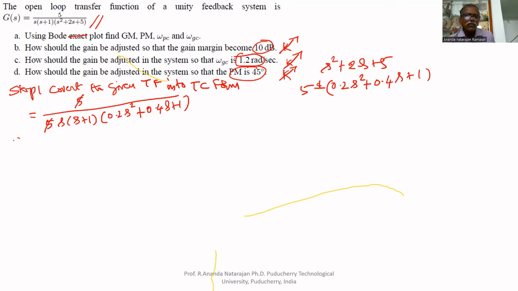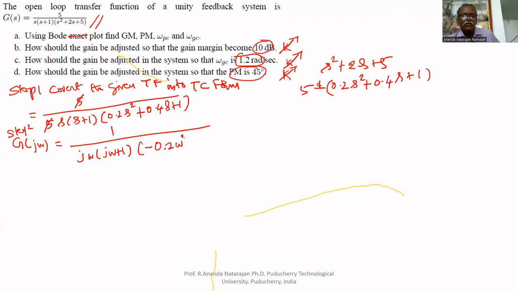So what is G of j omega? Step 2. Step 2 is G of j omega equal to 1 upon j omega (j omega plus 1)(1 minus 0.2 omega square plus 0.4 j omega plus 1).